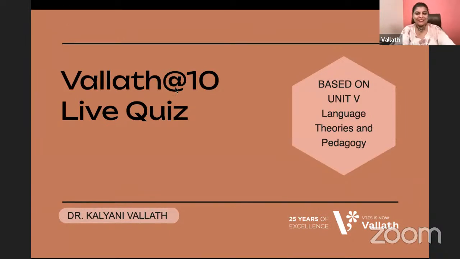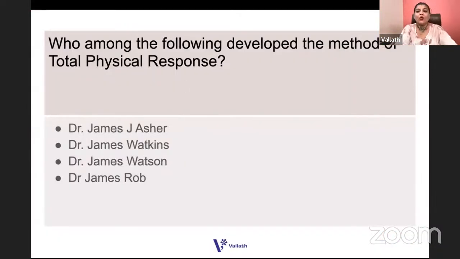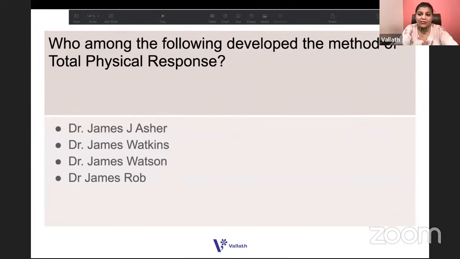Ready, guys? Who among the following developed the method of total physical response? Total physical response is a method of teaching a second language by making physical responses to language. When students speak, teachers have to make physical responses.